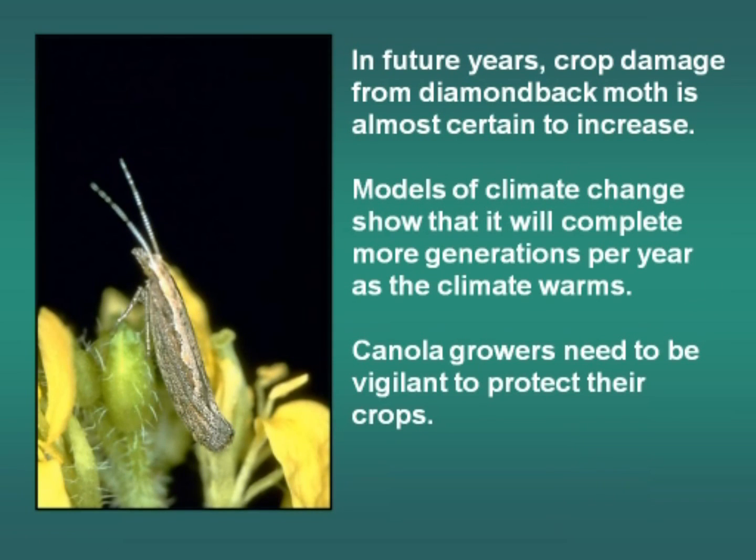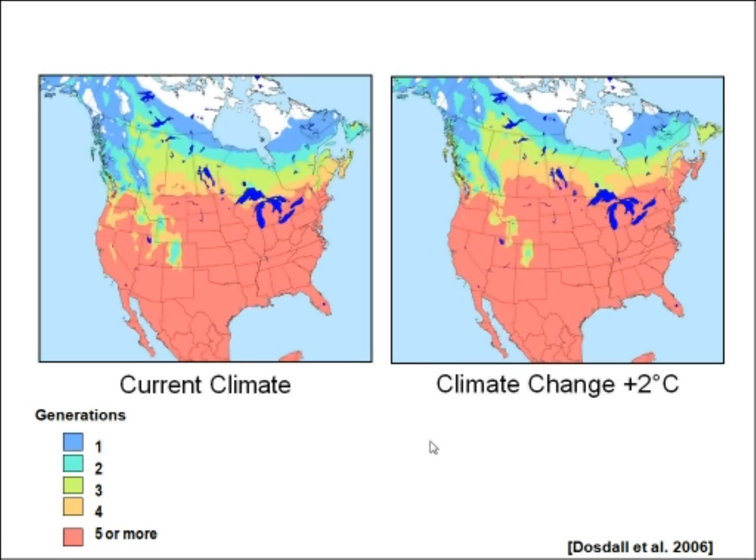Our models show that this insect is only going to get worse. We've done some projections of climate change. Under current climatic conditions, most of southern prairies can have about 4 generations per year of diamondback, with only a climate change increase of 2 degrees, which is much lower than predictions. This is increasing the number of generations through much of the southern prairies to 5 instead of 4.